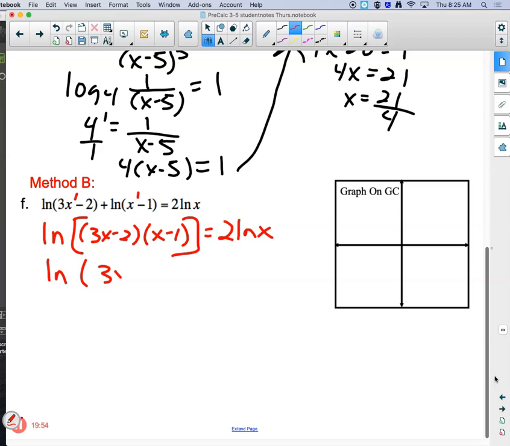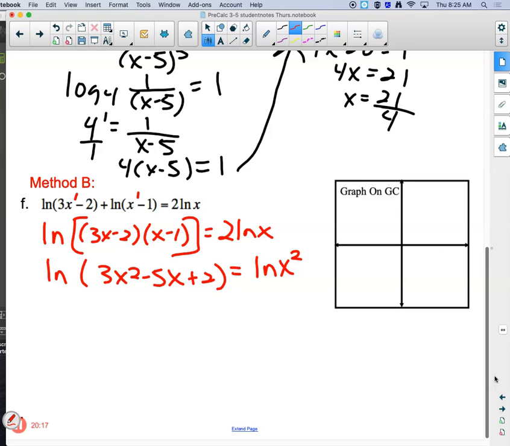So natural log of 3x squared minus 3x minus 2x would be minus 5x plus 2. And on the other side, I'm thinking, well, if I'm supposed to condense, that 2 has to go back up as a power, because multiplication becomes an exponent.